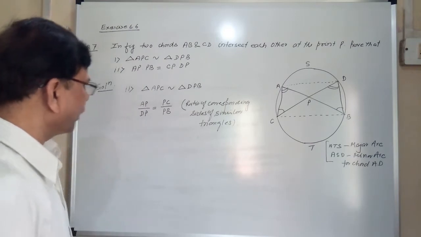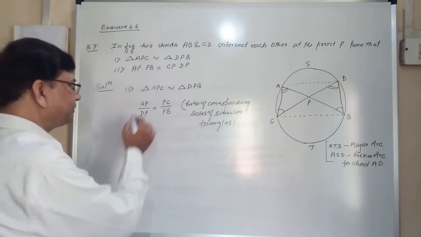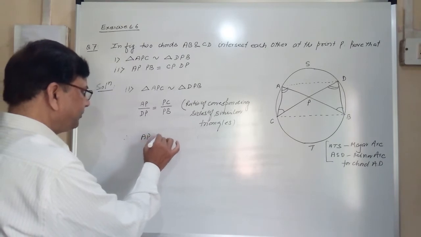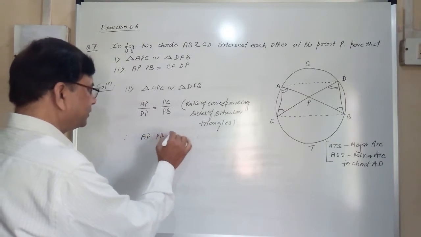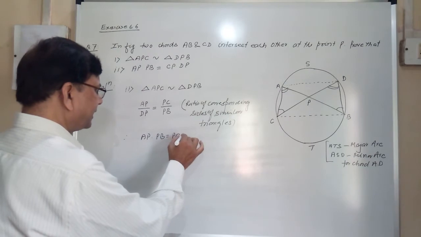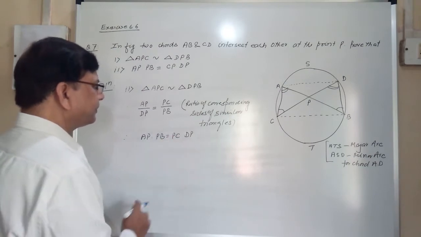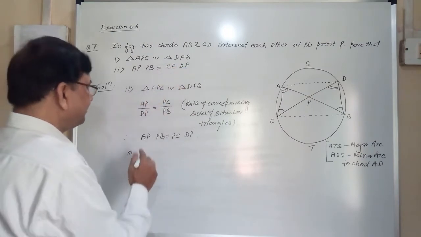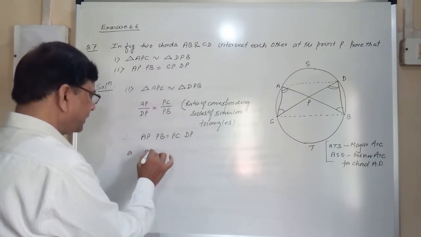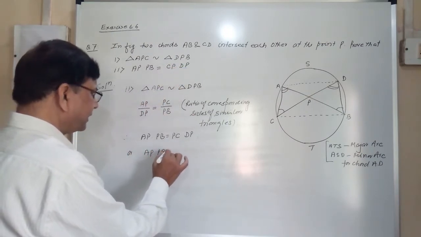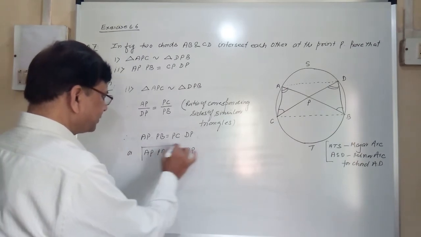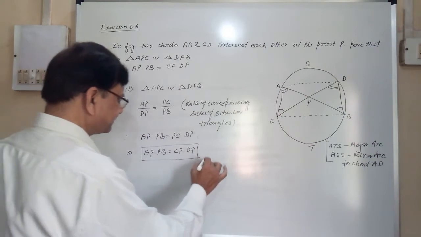So this relation we got. Therefore, by cross multiplication, AP into PB is equal to PC into DP, or PC we can write CP. So AP into PB is equal to CP into DP. This was required to be proved.